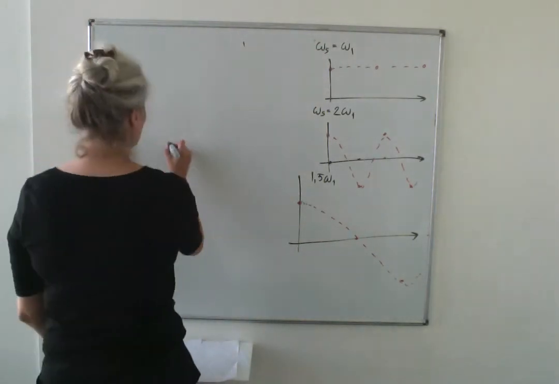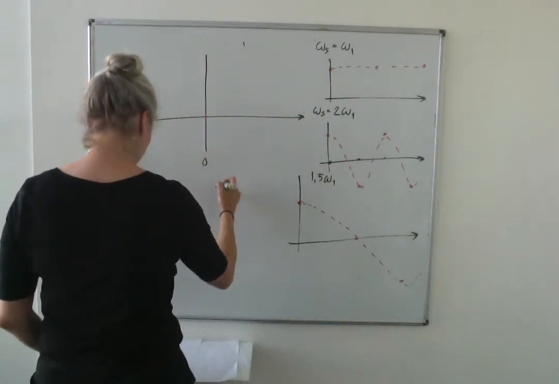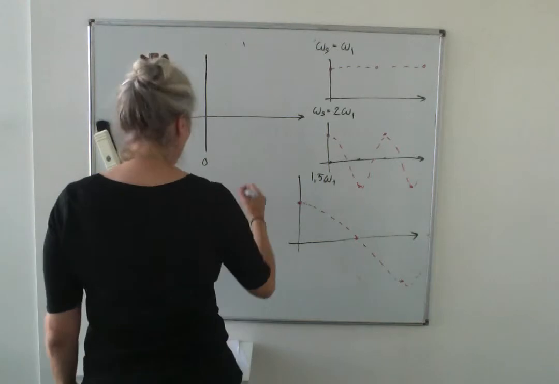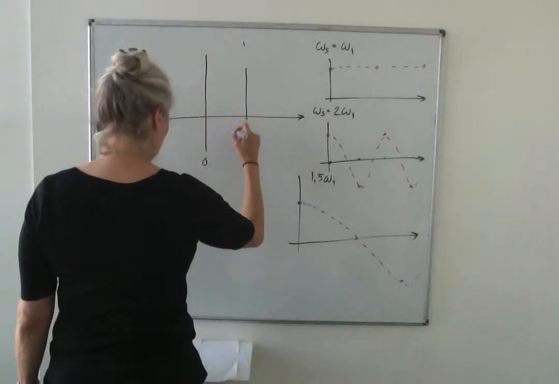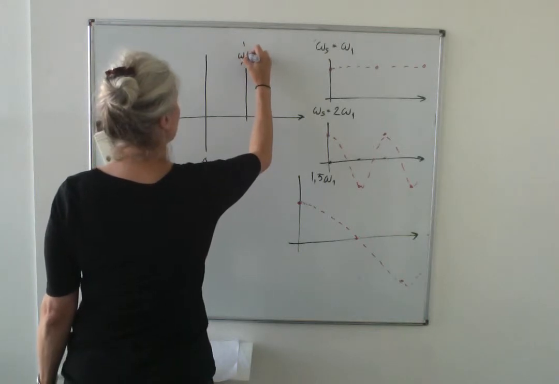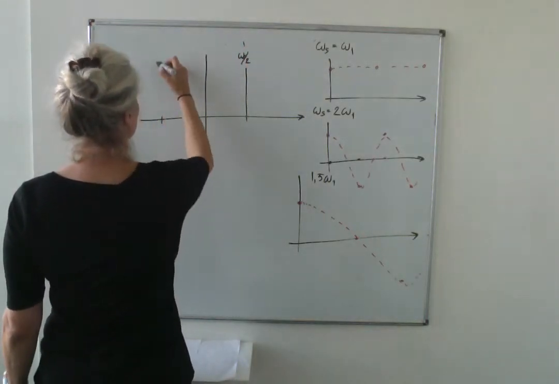So, if we look at the frequencies, we have 0 here, and we have the Nyquist frequency, which is half the sampling rate, over here.